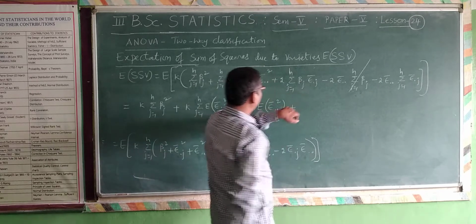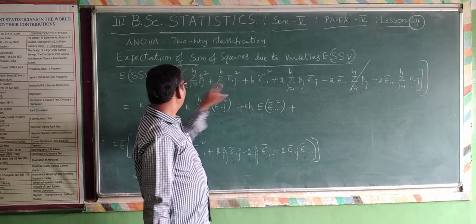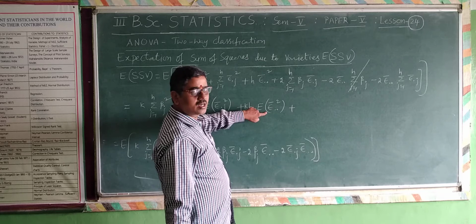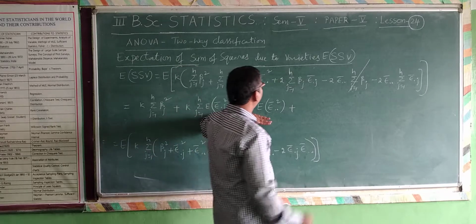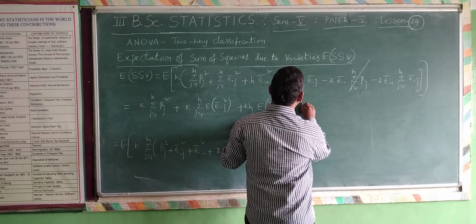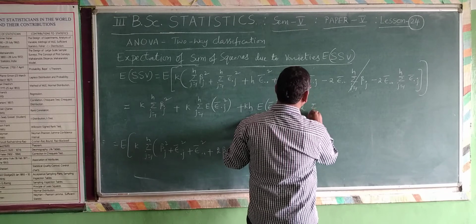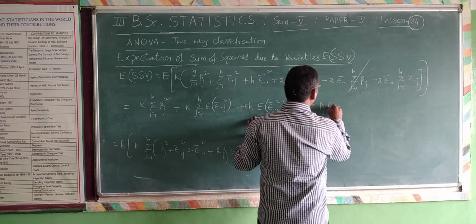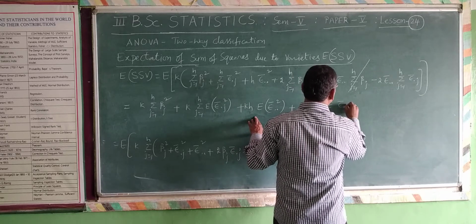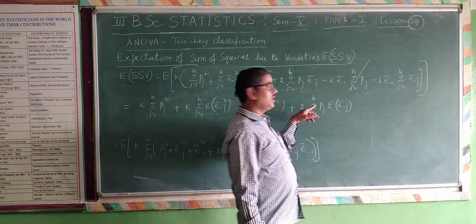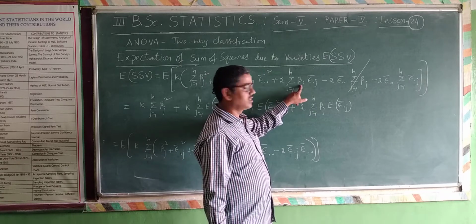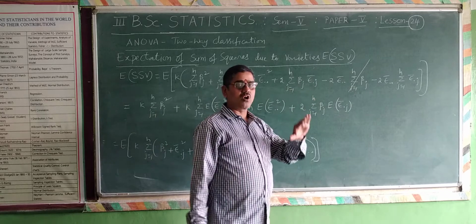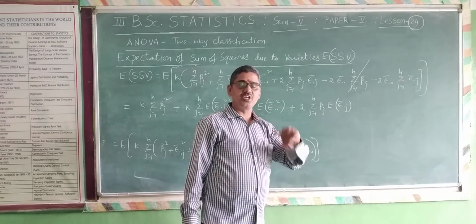Plus again, this is the term k into h into expectation of epsilon bar dot dot squared. Okay, and then 2 multiplied by summation j equals 1 to h beta j multiplied by expectation of epsilon bar dot j. In terms of expectation, beta j is a constant, only the expectation of epsilon bar dot j matters. Expectation of a constant into x is equal to constant into expectation of x.